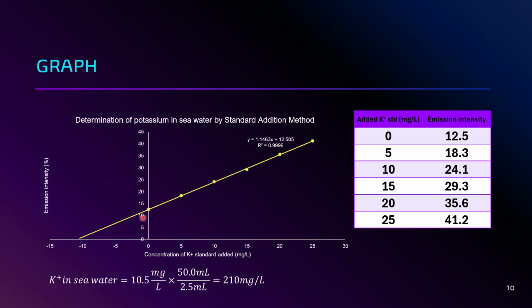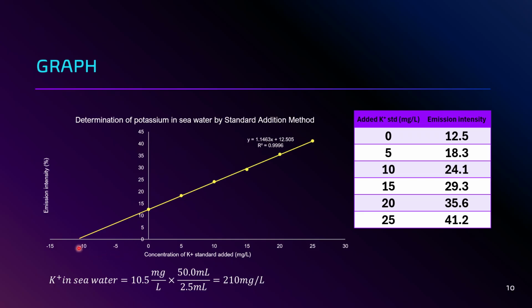So if you extrapolate this line to intercept this x-axis, this x-intercept would tell you how much potassium was there in the diluted seawater sample flask, that is flask 0 ppm, the first flask.